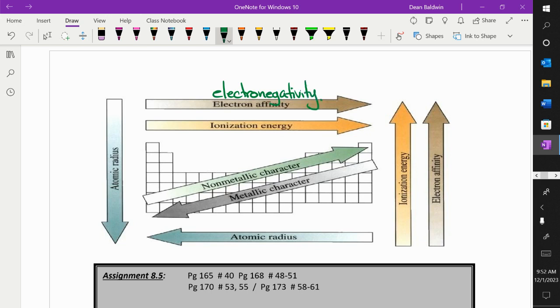Which coincides with increasing ionization energy, the energy required to pull the electron. If it's holding on to it tight, it's going to take a lot of energy to rip it off the atom. Ionization energy increases going up, as does electron affinity, but let's call it electronegativity again.